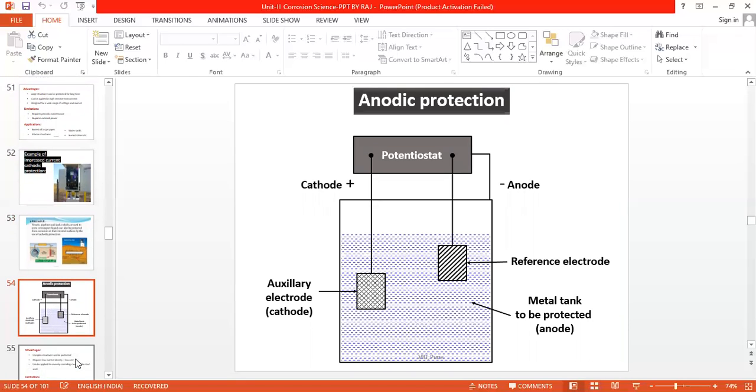Now, after having studied two types of cathodic protection, we will study what is anodic protection. The method is also known as passivation of metal.